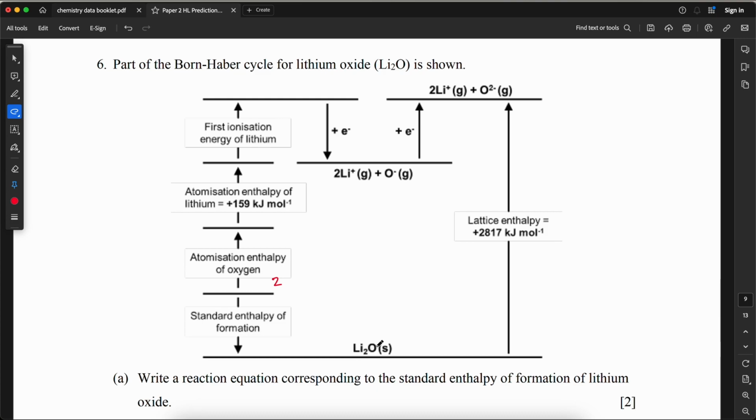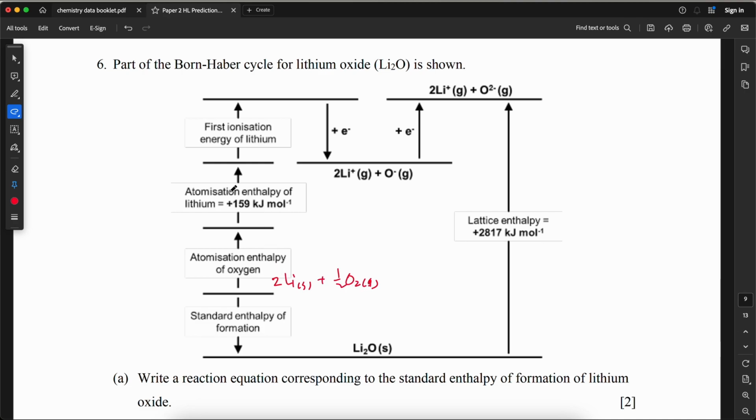So Li2O, when it is formed through the standard enthalpy of formation, is from the standard states. So Li solid plus half O2 gas, because Li2, so 2 Li. Now the atomization enthalpy of oxygen, so half oxygen.